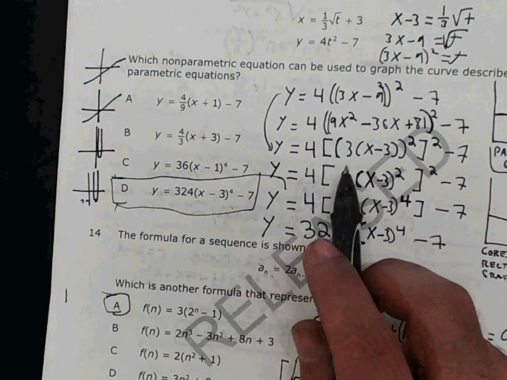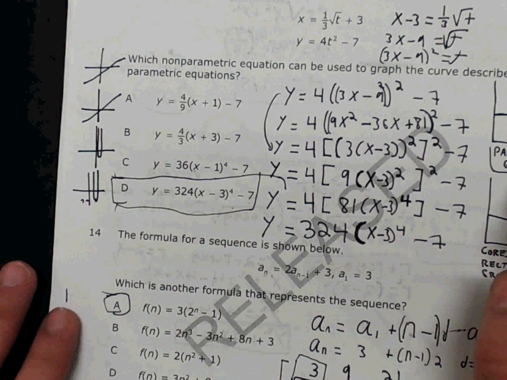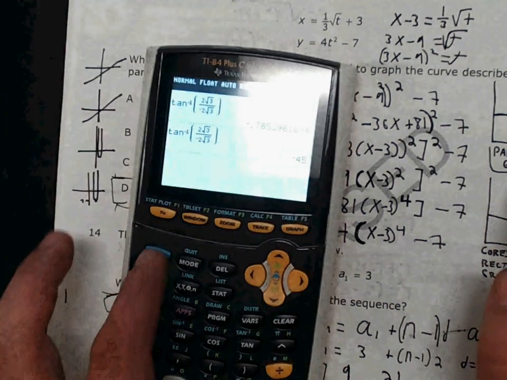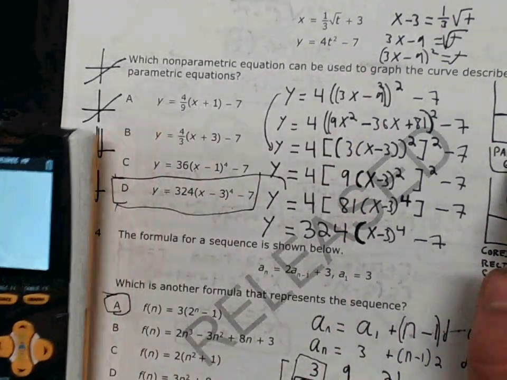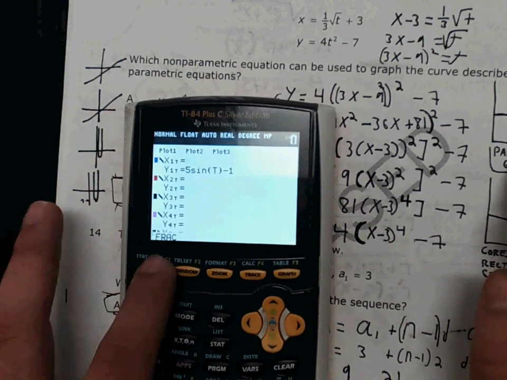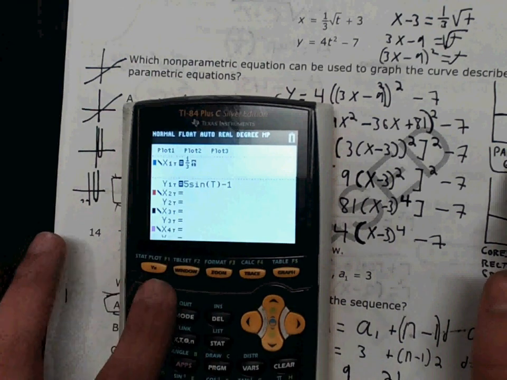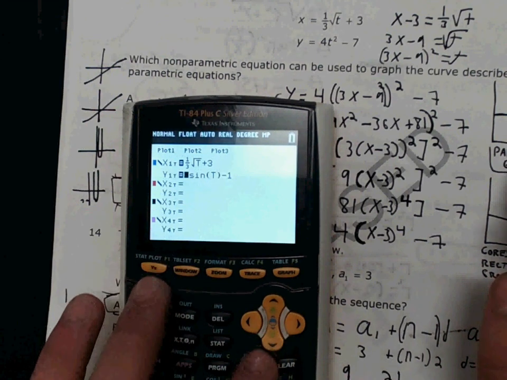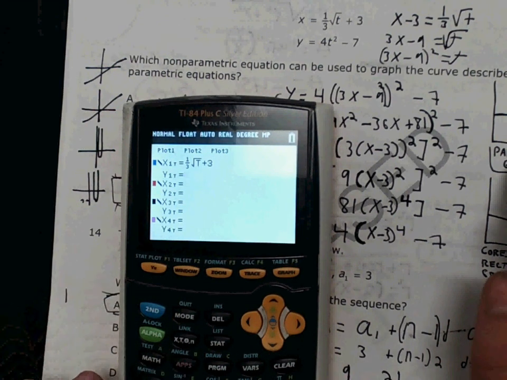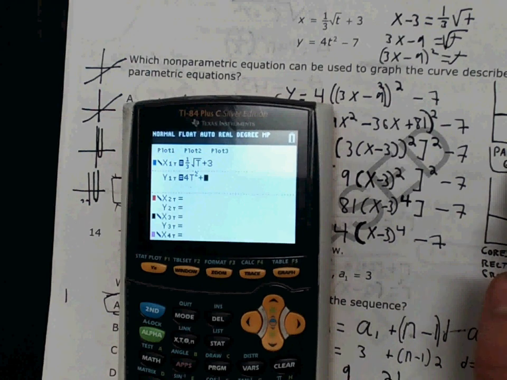Now, another thing I did is in my calculator, I turned into parametric mode. Graphed 1/3 times the square root of t plus 3 and 4t squared minus 7, and I just graphed it.